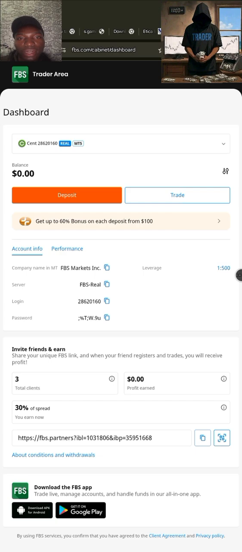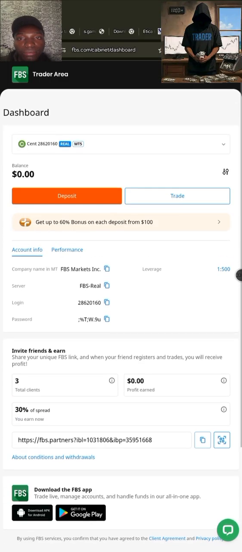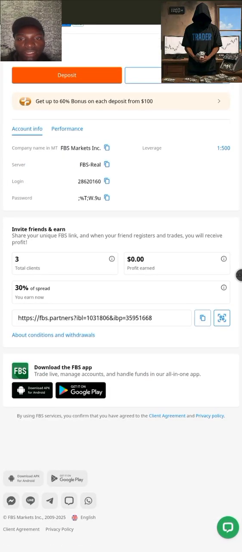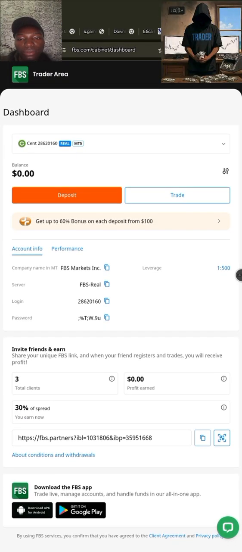Na ndio dashboard yangu, ndio hiyo. I have $0. For now I don't have any amount of money because nimetoka kutoa. I've just withdrawn from my account. So the next thing nitaenda just to my FBS app. Unaweza create an account ama download, is available on Play Store or App Store.